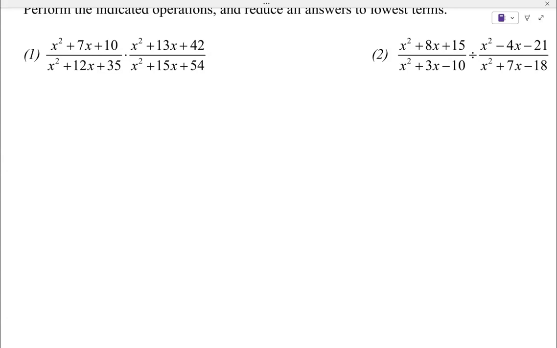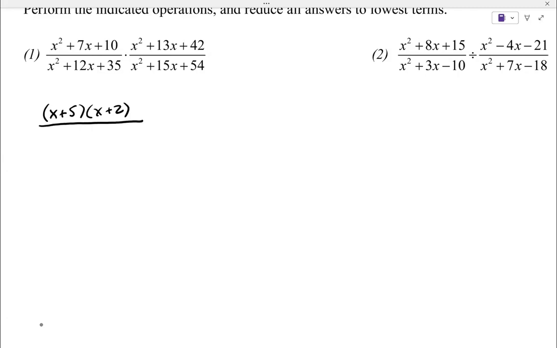How does that x squared plus 7x plus 10 factor? How does that first part factor? x plus 2? Yep. So again, since it's x squared, we want x and x, right?